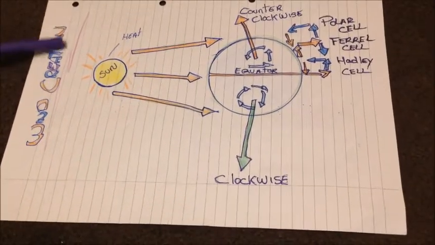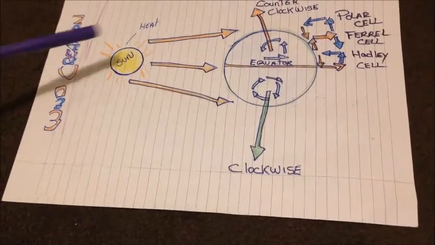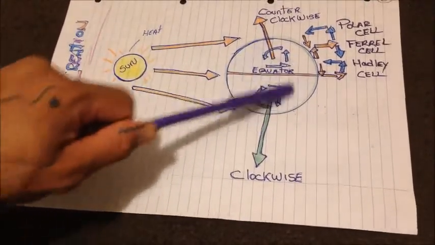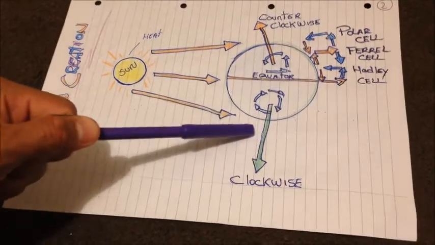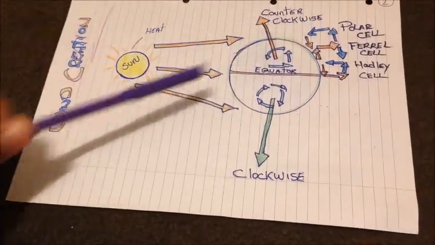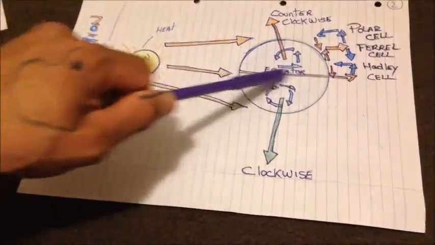Now we're going to talk about the creation of the wind. The sun hits the Earth in different directions, hitting the south pole, the north pole, and also the line at the equator.